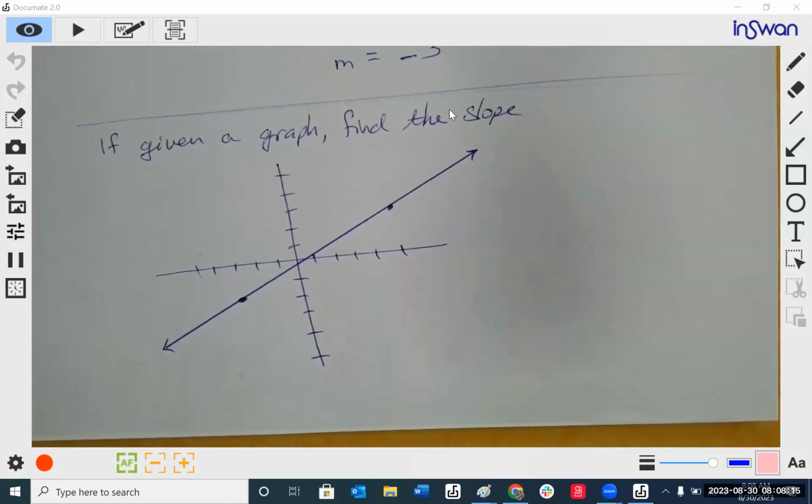There's the graph of a line. Now find the slope. There are two ways to do it. Can you figure out either of them?